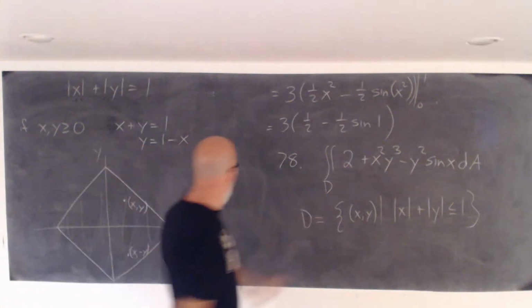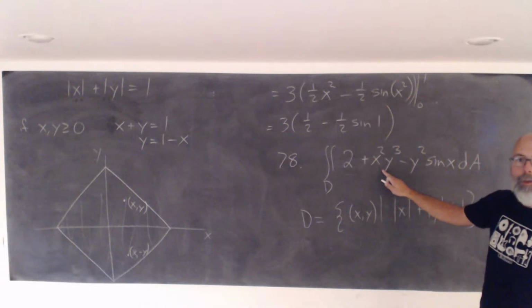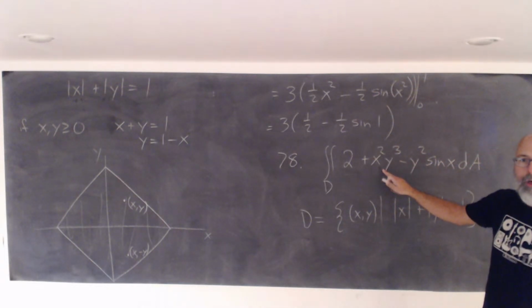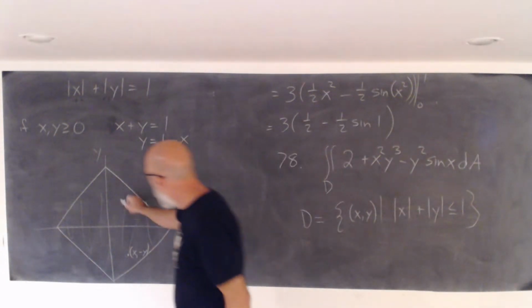When you plug in the point (x, y) into this function, you get this height, x squared y cubed. So imagine doing a Riemann sum argument.